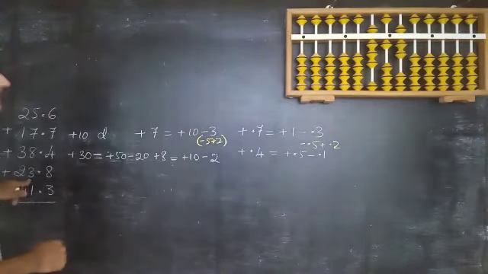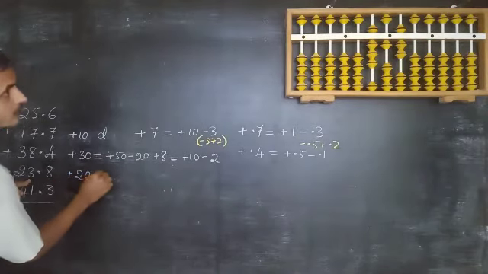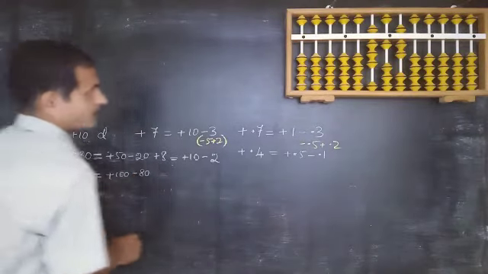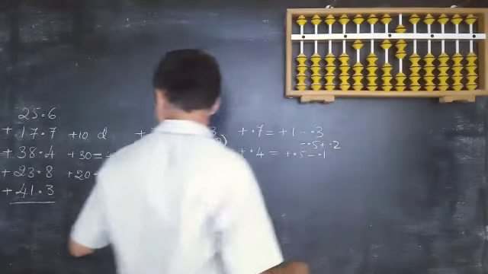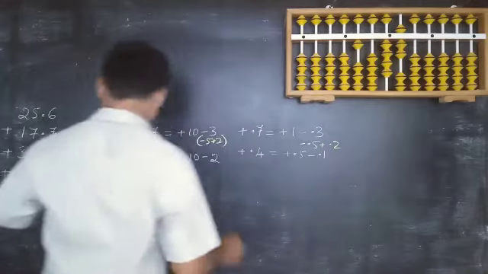Plus 23.8, plus 20 is equal to plus 100 minus 80, plus 3 direct.